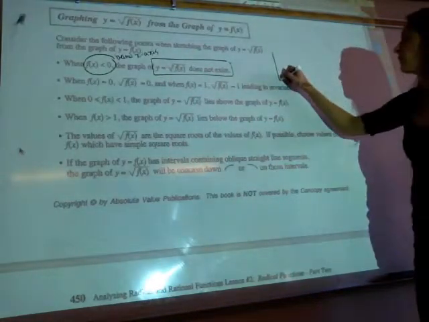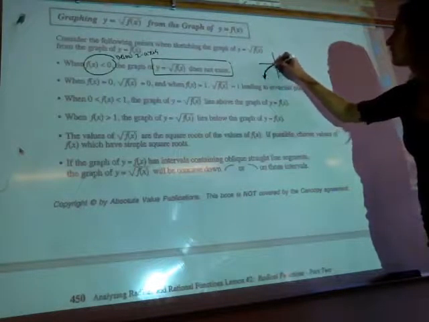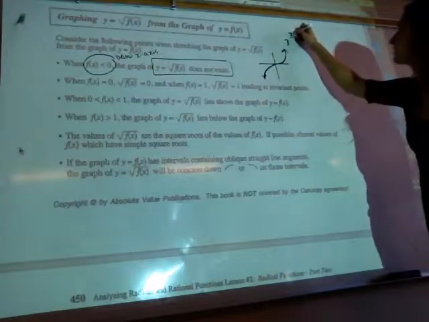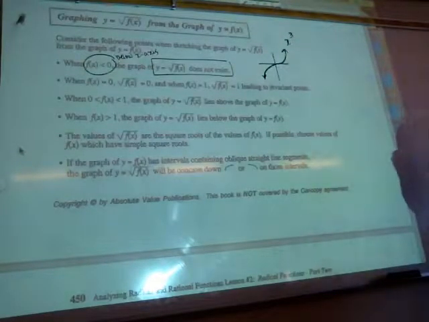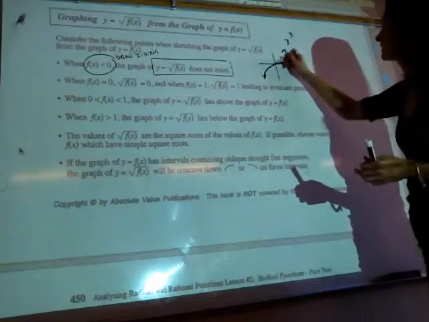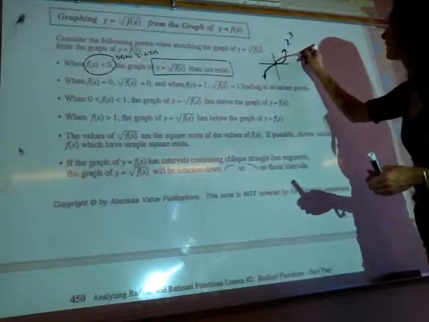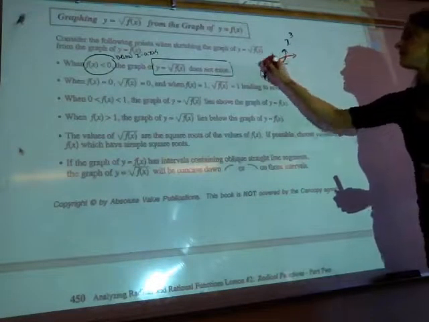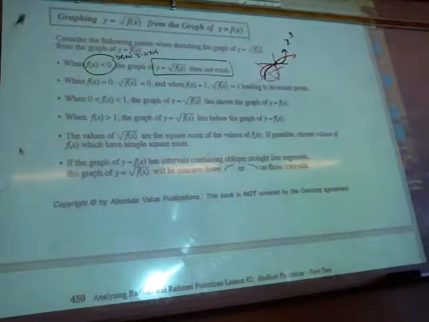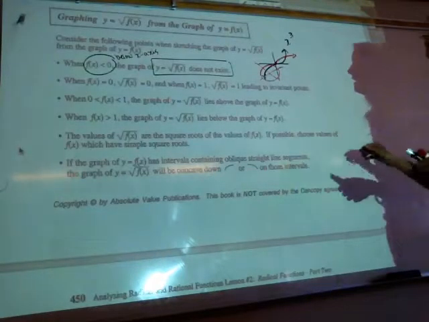So for example, when we had the graph of x cubed, what happened to the negative piece? It did not exist. The radical only happened here. This piece didn't go anywhere. It just doesn't exist for the radical function. Okay, next statement.